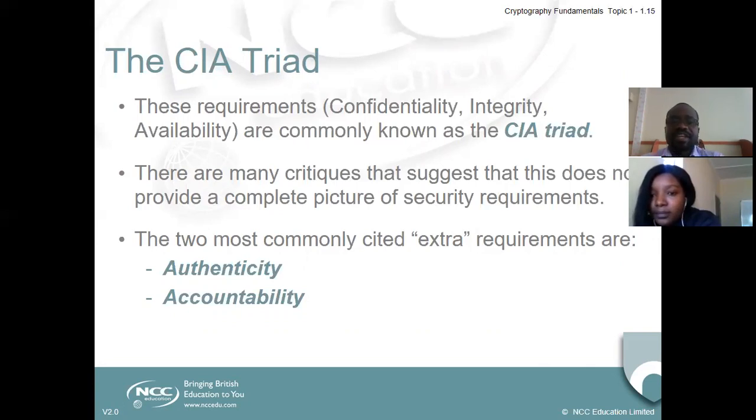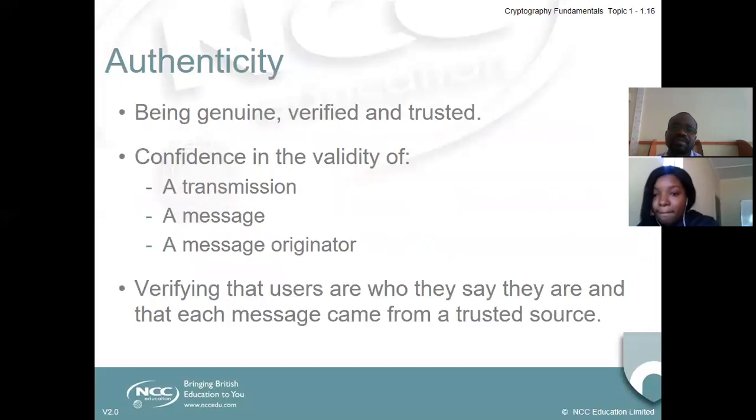There are many critics that suggest that this does not provide a complete picture of security requirements. The two most commonly cited extra requirements are authenticity and accountability.